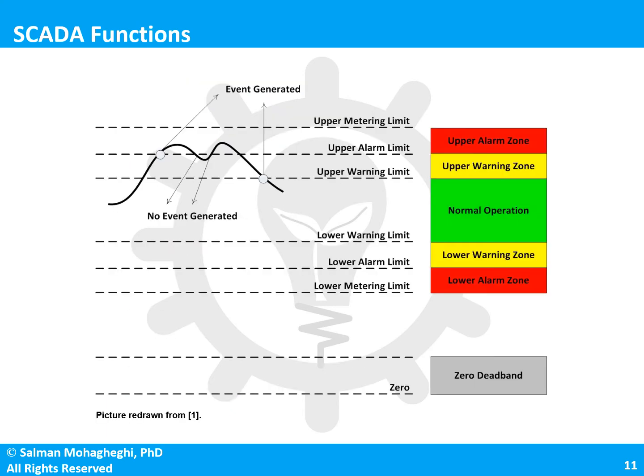This is an example of comparing a particular measurement value against different deadbands. As you can see in this hypothetical example, you can have a normal operation range. If it goes slightly above or below that, it would be a warning zone, and then you would have a range for excessive values, that if your measurement goes to either here or here, this would be a cause for sounding an alarm.